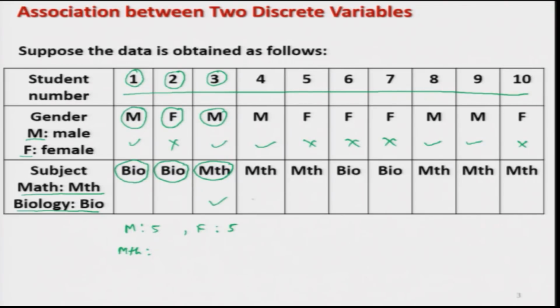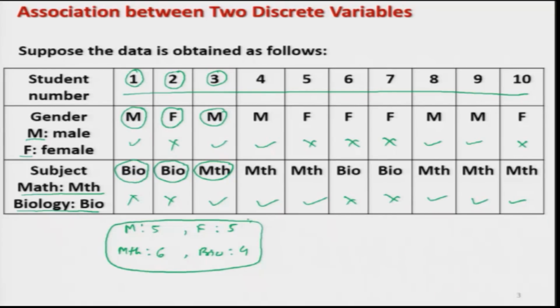There are 6 students who prefer mathematics, and there are 4 students who prefer biology. But now you can see here, from this type of data, from this type of frequency, we are unable to conclude anything.